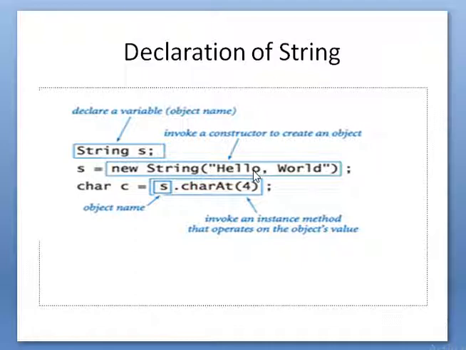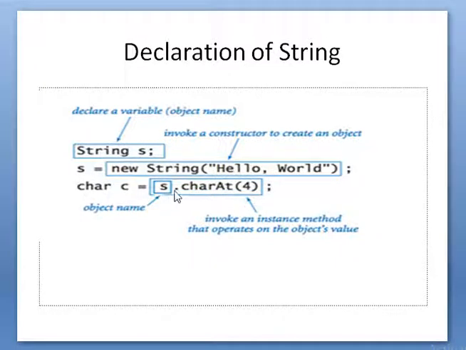So how can I find it? In a string we have one method called charAt. In this method we have to pass the index number. This method we call on an object s. s is an instance of String, and in that instance we are storing this string.